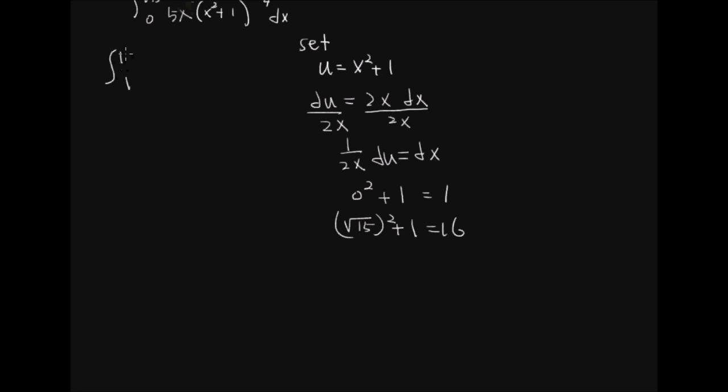Integration from 1 to 16, then 5x is there, but x squared plus 1 is actually u to the power negative 9 over 4, and dx right now is 1 over 2x du.